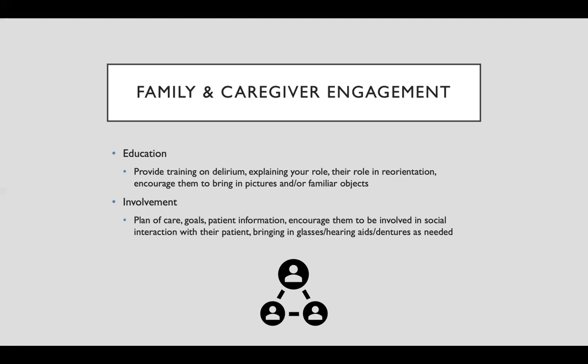And you can also go into the family's role in reorientation and explaining the importance of that to them. Can encourage the family to bring in pictures and or familiar objects for the patients too. We can involve families through our plan of care, determining the patient's goals, gaining essential patient information, and encouraging them to be involved in social interaction with their family member. We can also encourage them to bring in glasses, hearing aids, dentures as needed.